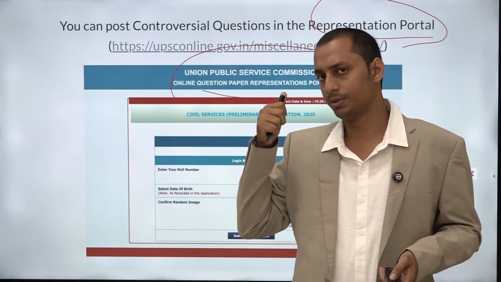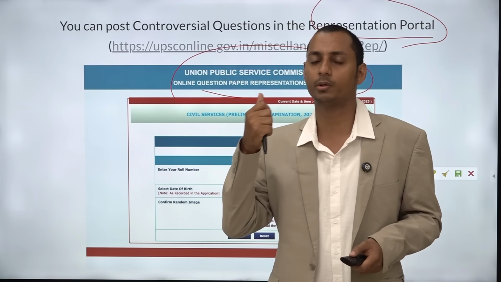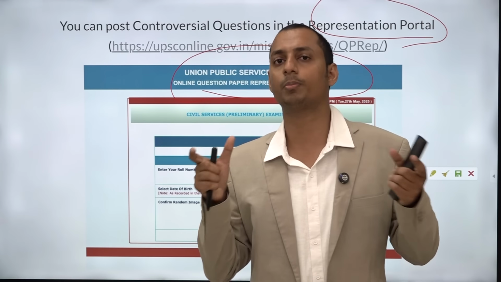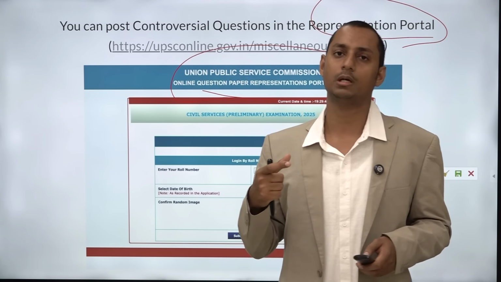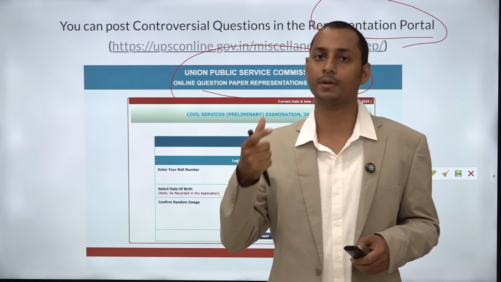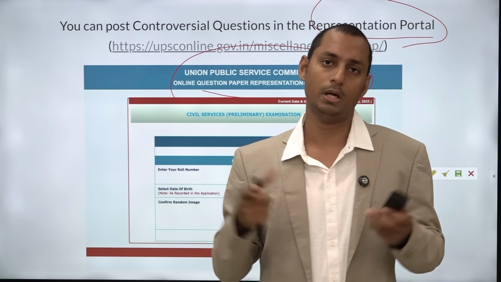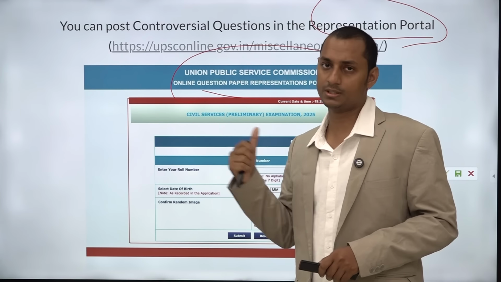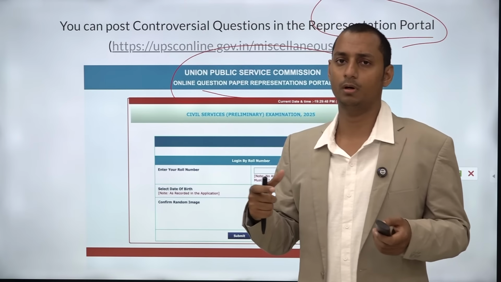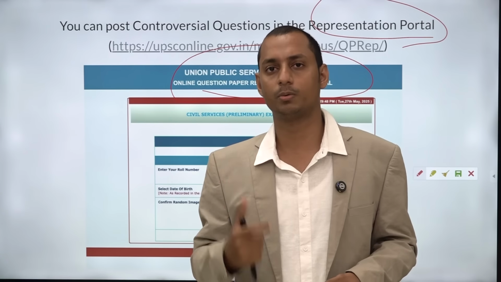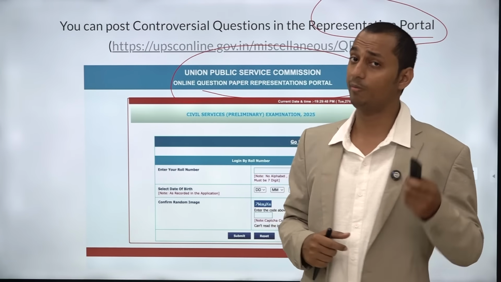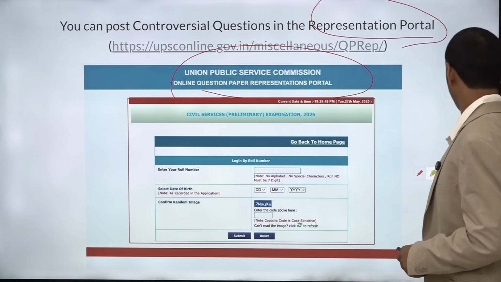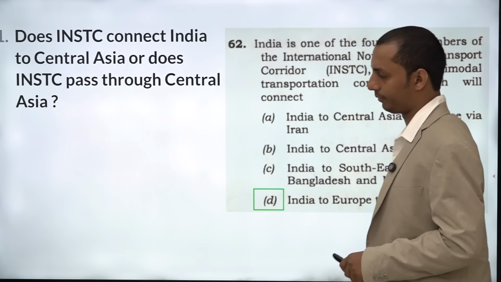So this is a representation portal where you can send in your grievances, send in your queries, and also discuss some of the questions that require multiple interpretations and multiple logics, for UPSC to get a better understanding and share their official final key. This is actually a good initiative by UPSC, which would allow them to drop questions and also produce a better official key as compared to the previous year. Okay, so let's dive deeply into the controversial questions.